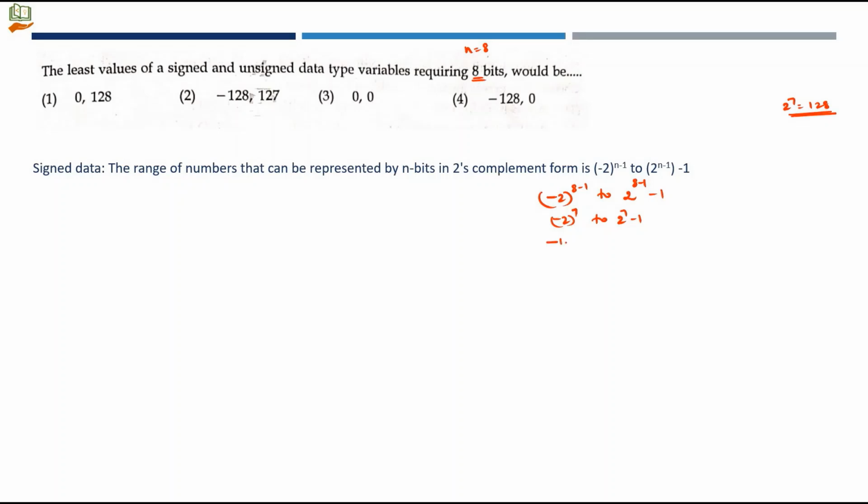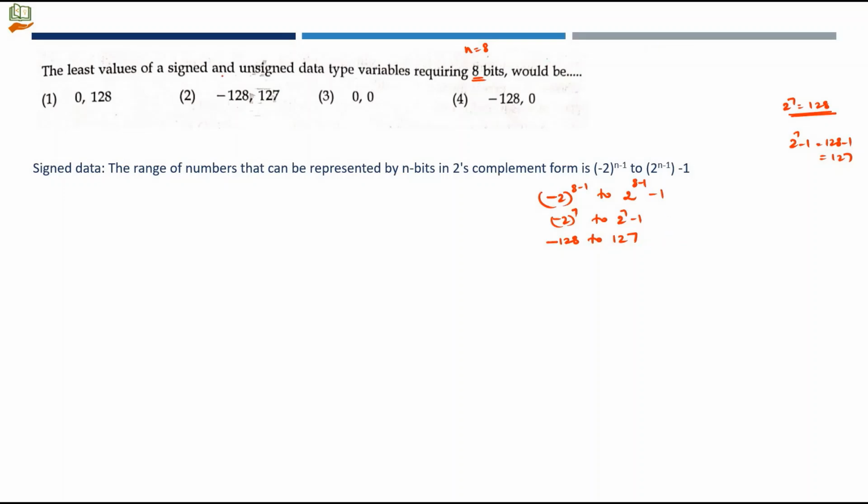This should be minus 128, because till power 6, minus into minus will be plus, and for the 7th power it will again turn to minus. What is 2 power 7 minus 1? This is 128 minus 1, which is equal to 127. So the range will be between minus 128 to 127.